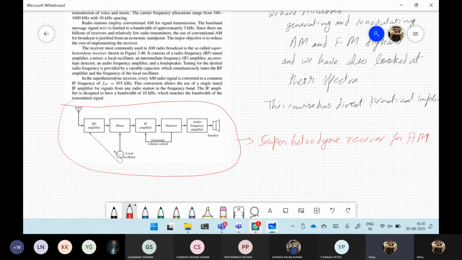You have heard about tuned amplifiers in your analog circuits course? Chandra, have you heard about tuned amplifiers? Yash, tuned amplifiers in the, I don't remember, sir.